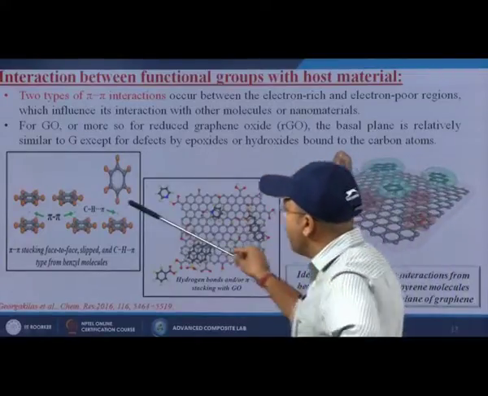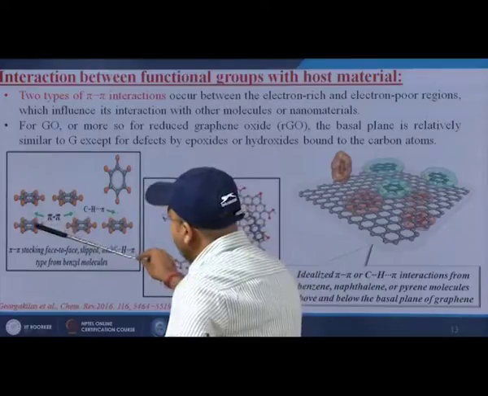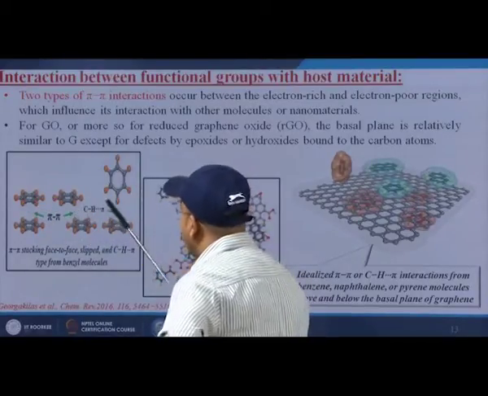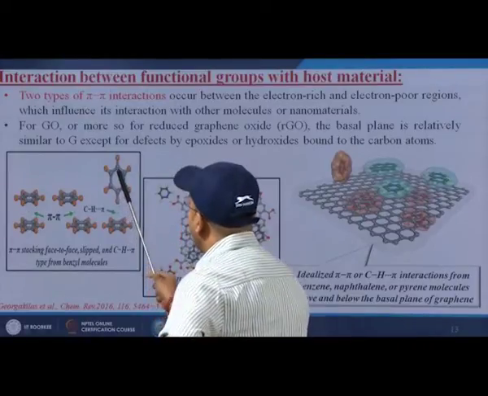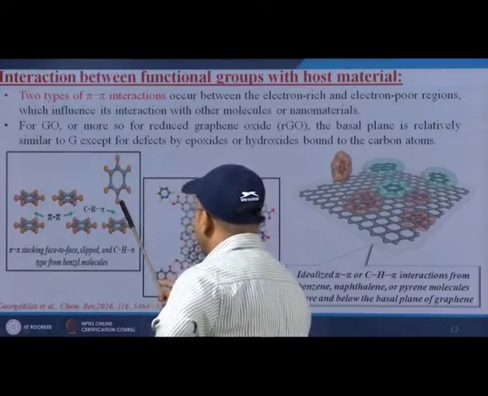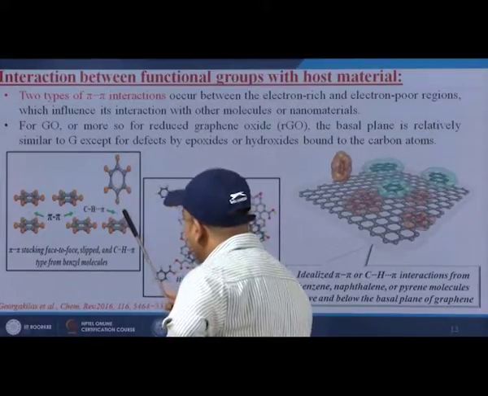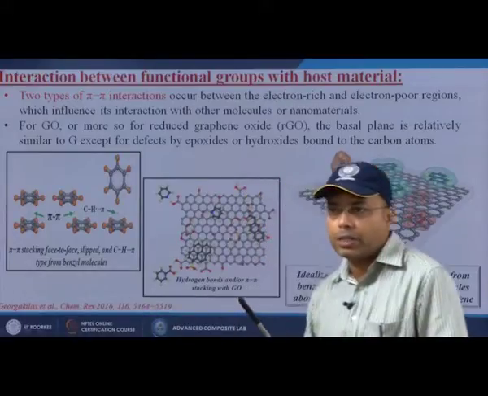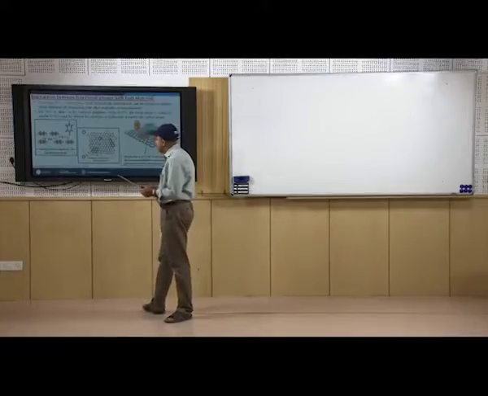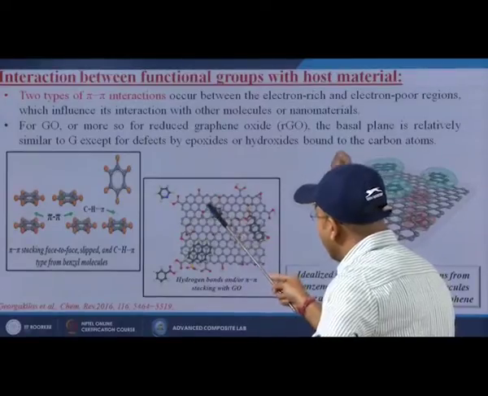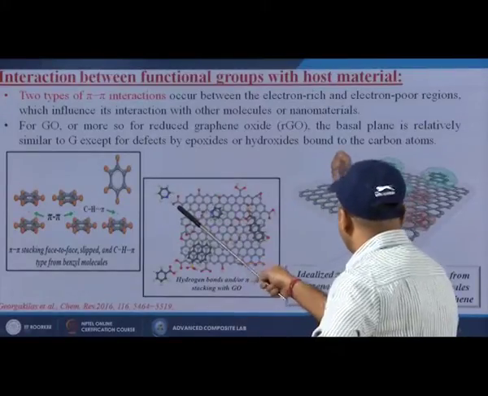Here in this particular case you can see that when this functionalization is taking place, simple pi bonding is taking place, but in this other case when you are doing the modifications, it has the carbon atom, then the hydrogen atom, then the first carbon is attaching with the hydrogen, and through the hydrogen it has pi interactions between the nanofillers and the functionalized group. Here also the hydrogen bonds and other pi stacking with the graphene oxide sheets is taking place. In some places the hydrogen bonding is taking place, in some cases the pi bonding is taking place.